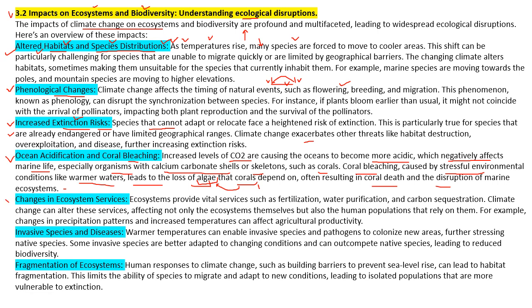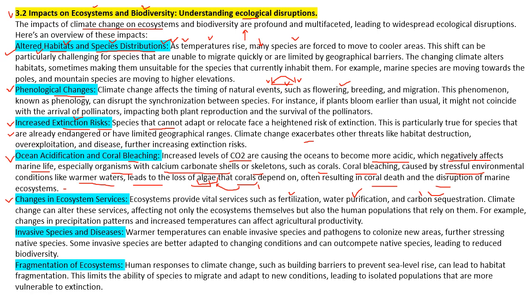Next, there will be changes in the ecosystem services. Ecosystems give us services like fertilization. The ecosystem gives us fertile soil. Naturally, our soil gets fertilized because of this ecosystem service. We are getting purified water, and there is carbon sequestration. Extra carbon is being trapped by the ecosystem itself.